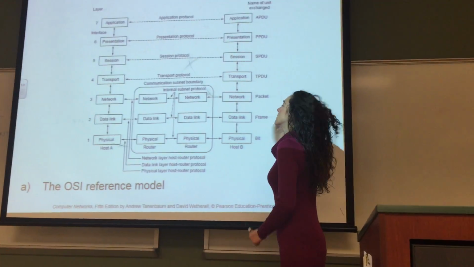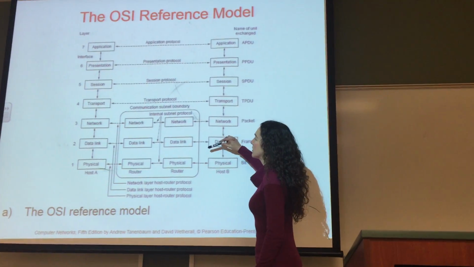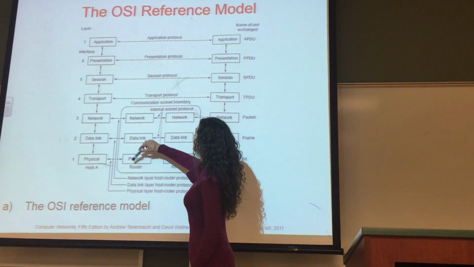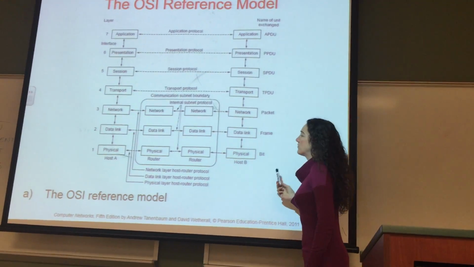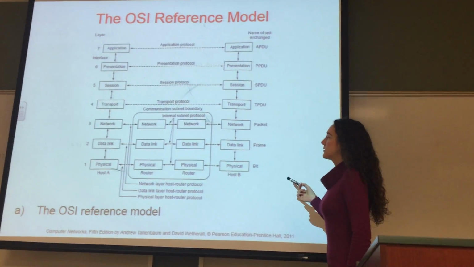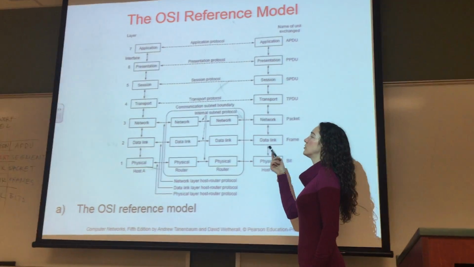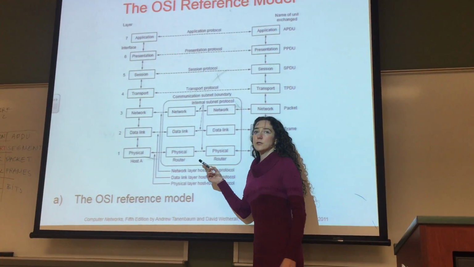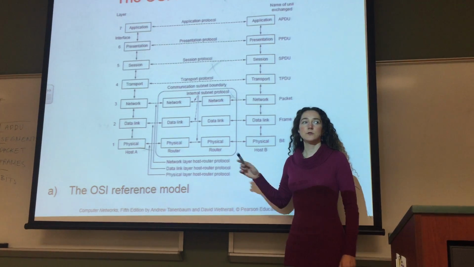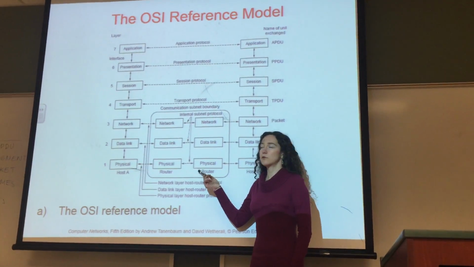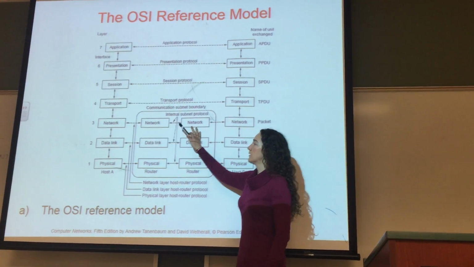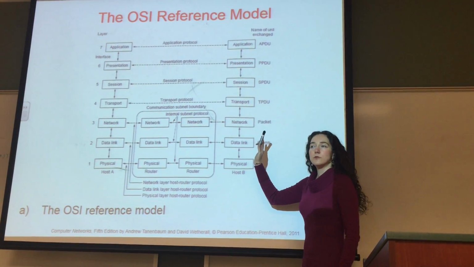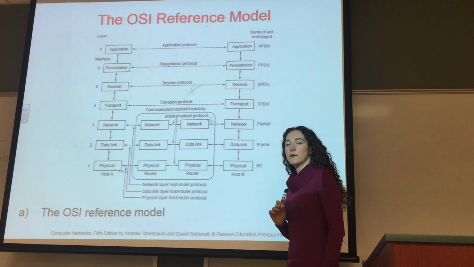So these three layers are sitting in this box called the communication subnet boundary. And the reason they're sitting there is because these are controlled by the internet service providers, and we as the users have no control over these layers. So whatever is going on here is up to the internet service providers, and there's nothing we can do.